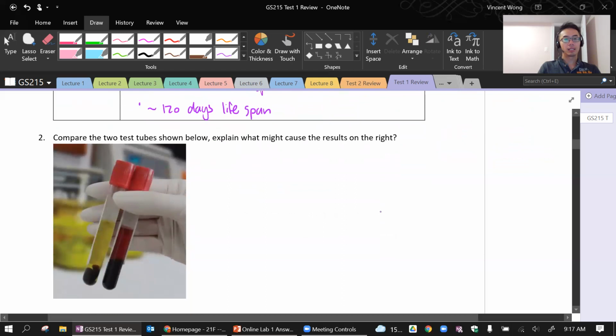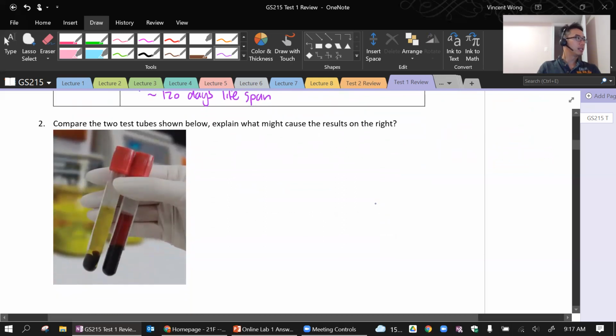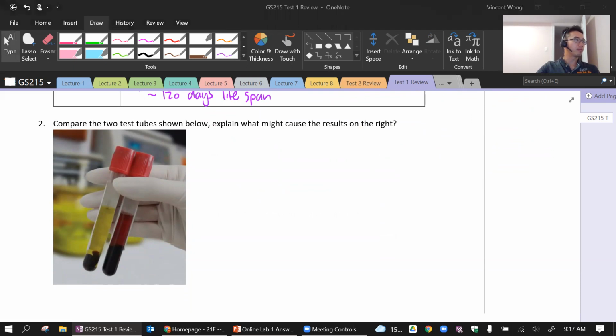Moving on. Here is an example of an application question, the ones that people are concerned about. I have two test tubes here. One is normal, one is not normal. Which one is normal? Let me launch a poll and see if the class can tell.